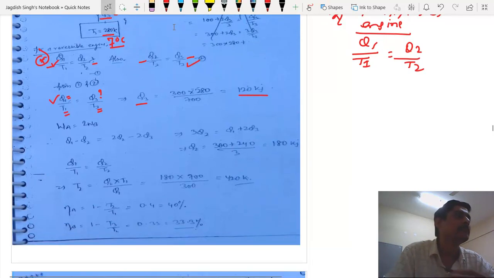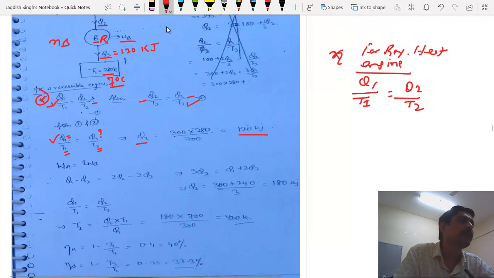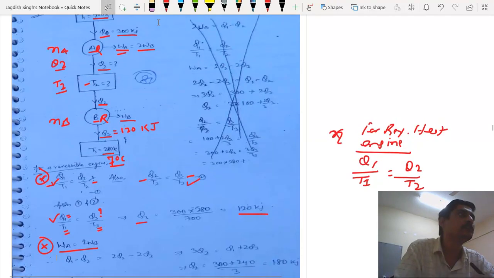Now proceed ahead. This condition is given: WA is equal to 2WB. From this diagram it is clear that WA is equal to Q1 minus Q2, and WB is equal to Q2 minus Q3.